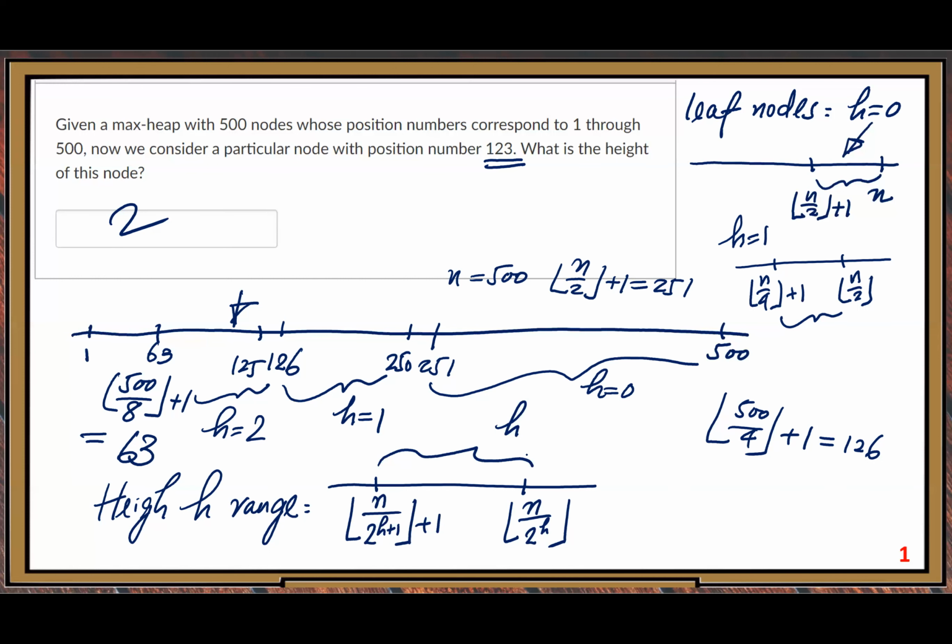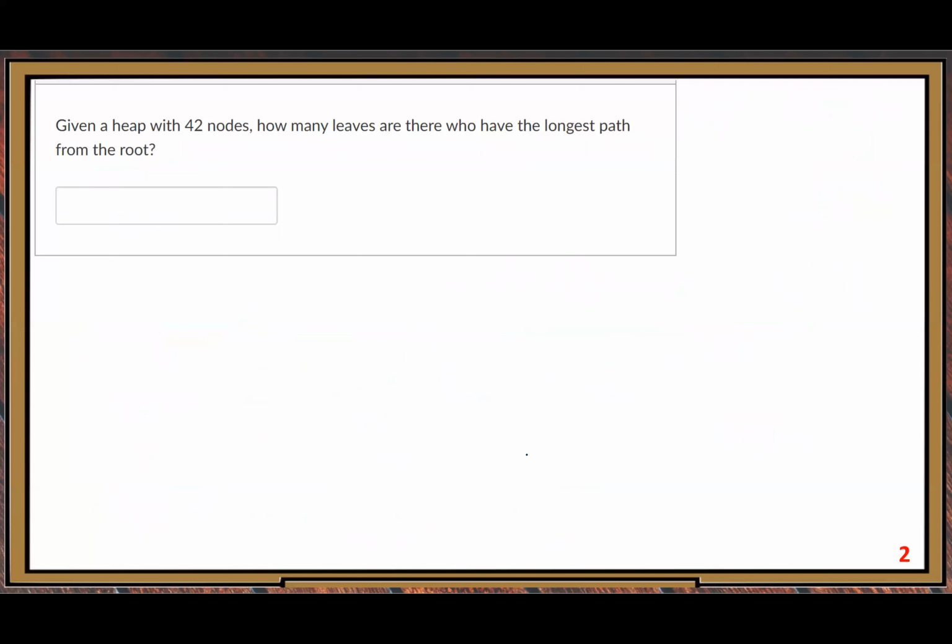Next one. Given a heap with 42 nodes, how many leaves have the longest path from the root? Longest path from root. You need to recover the binary tree.